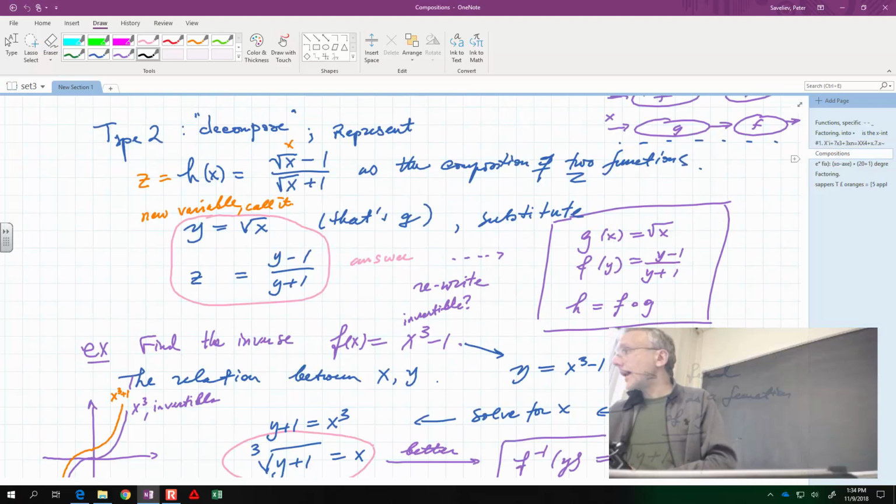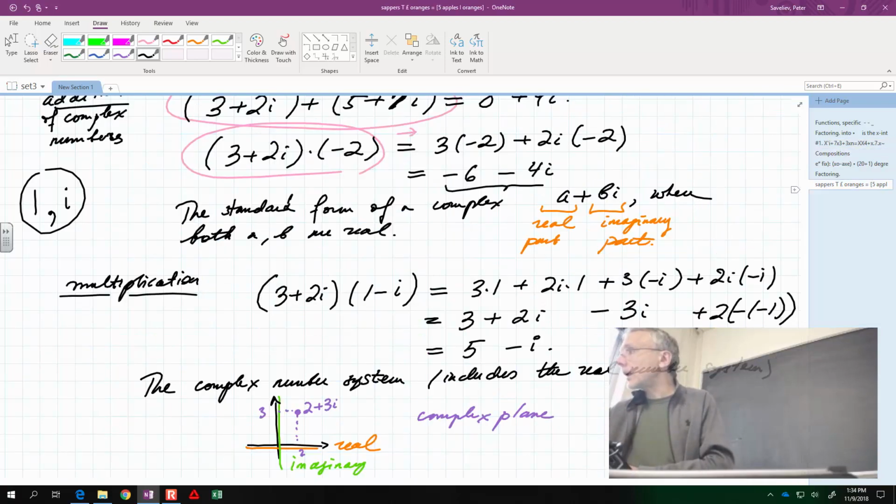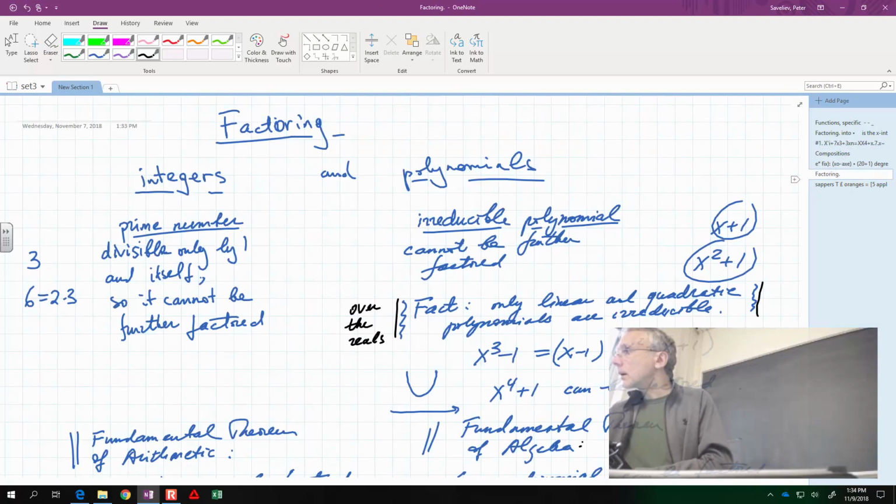Anyway, what we are moving on to is another big analogy. In fact, we'll continue with this analogy, and that analogy is between integers and polynomials. And now moving on from integers, we'll move on to rational numbers. What is a rational number?